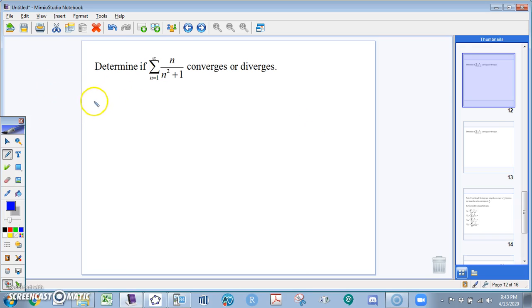So now I will instead try my integral test. Writing that up, we say let f of x equal the real variable function x divided by x squared plus 1. And because we have to compare them and talk about them together, I am also going to name the formula for the sequence a sub n.